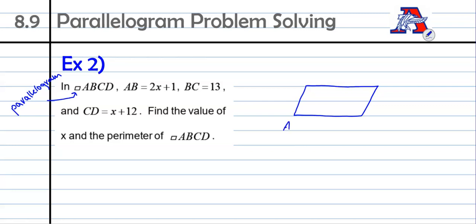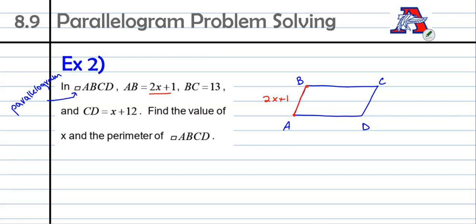So I'm going to start by just labeling A, B, C, and D. I'm not positive that that's exactly what we want it to look like, but that's okay. That's how we're going to start. I'm going to fill in the things we know. So we know that AB is 2x plus 1. So I'll fill that in. Okay.